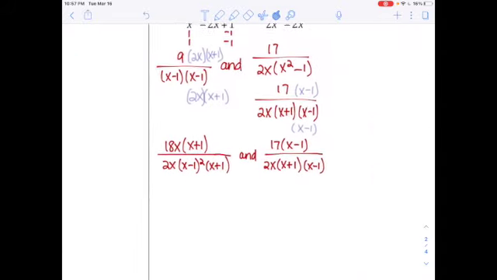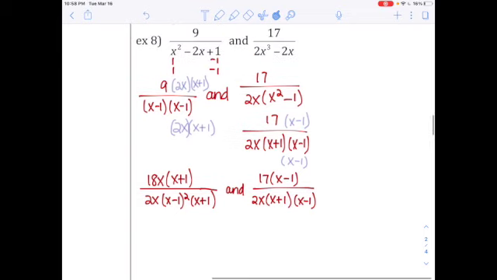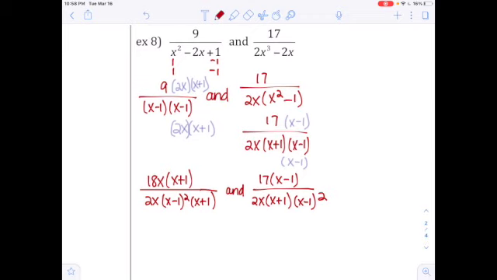Number 8, the answer is 18x times x plus 1 over 2x times x minus 1 squared and x plus 1. And I am missing one of the x squared right here. So the second one should be 17 over x minus 1. And the bottom is 2x times x plus 1 times x minus 1 to the second power, because they both should have 2 of them.